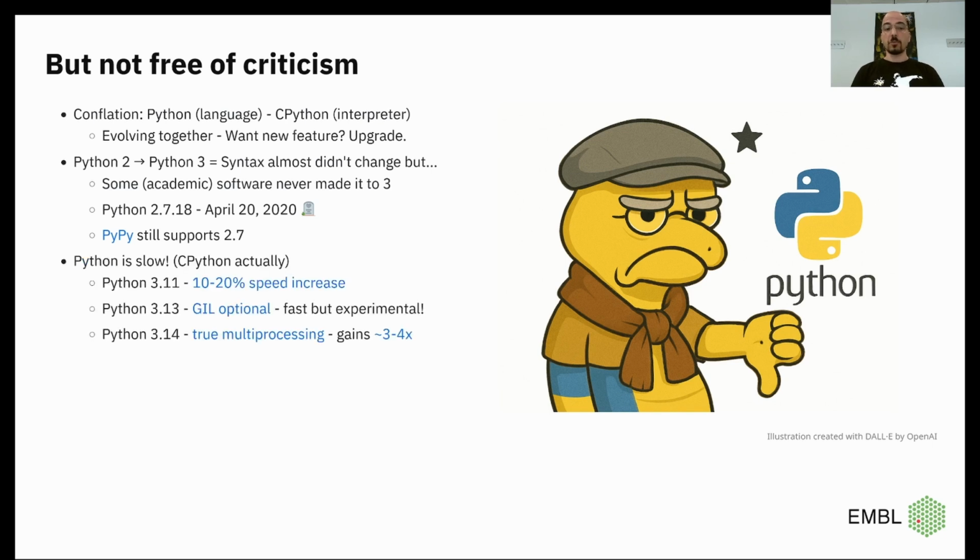Another criticism is that Python is slow, or CPython in this case. This is, however, something that the core developers are aware of, and they have been making improvements for. One of the most recent ones, which is still rather experimental, I would say, is the removal of the GIL, or the global interpreter lock, which has been something that hindered whenever you're trying to run code that runs in multiple processes or threaded code.